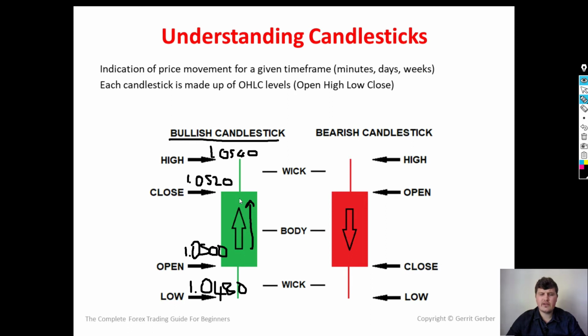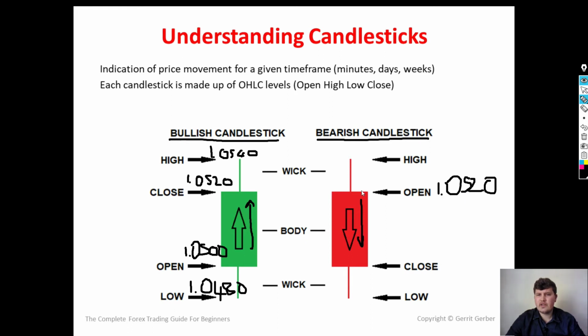visually shown as a green candlestick, and vice versa for the red candlesticks or the bearish candlesticks. You have your open at the top and it's a lower move with your close at the bottom, and your low and your high stay exactly the same. So for the same example, let's just say your opening price was 1.0520.